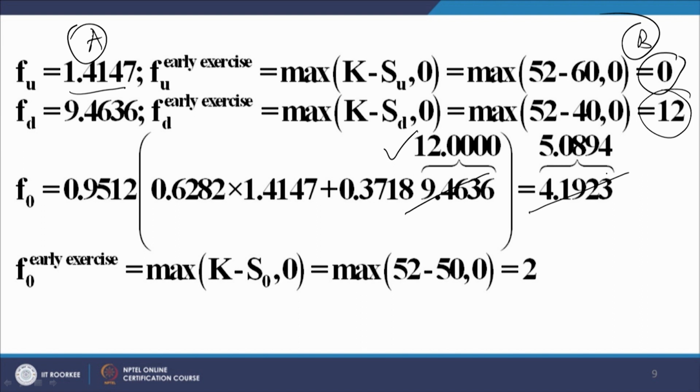So, at every node we need to check for early exercise. If on early exercise, it is more beneficial to the investor, to the party holding the long position, and if it so happens that the payoff is higher compared to the computed value, we replace the computed value by the payoff, which is the higher value, and we work as earlier.